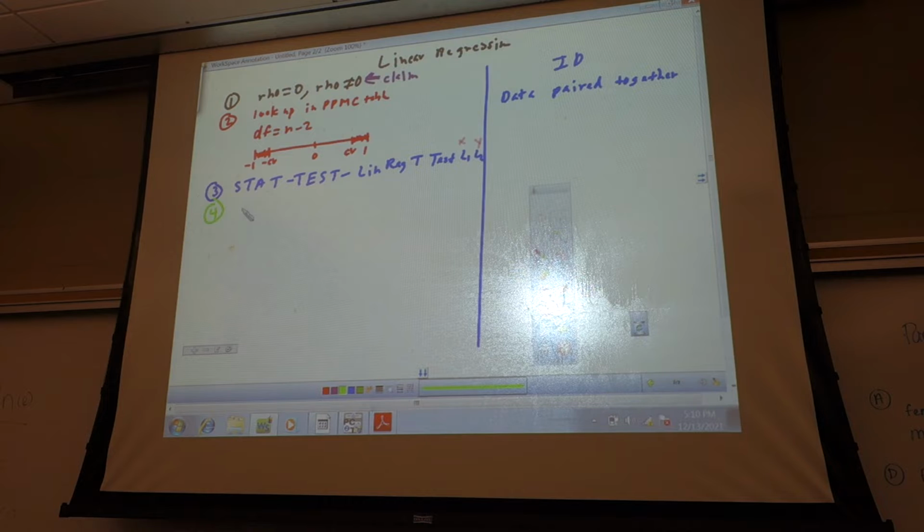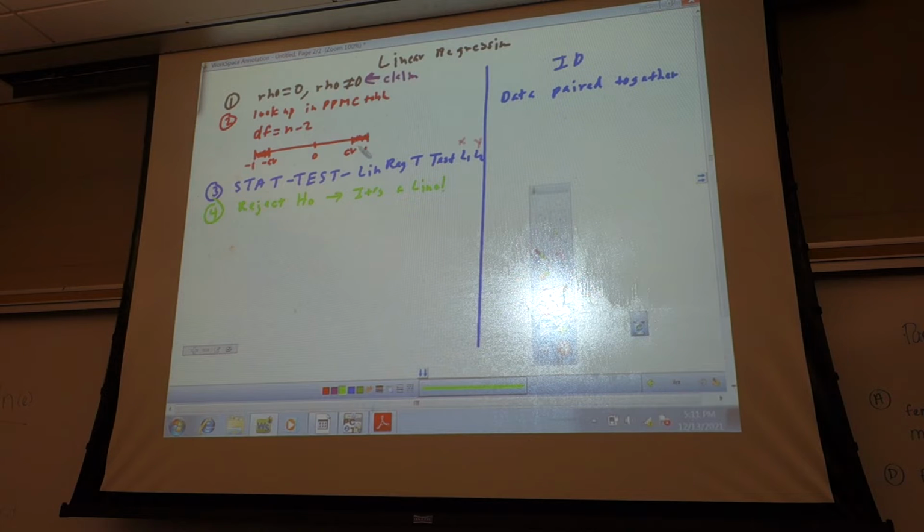Remember that rejecting H naught means what? It's in the shaded area. What does that mean? It's a line.